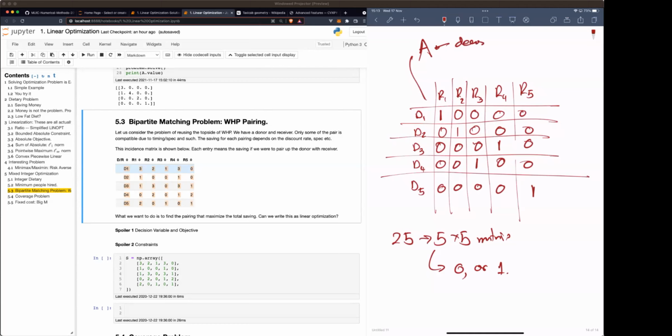The technical term is decision variable. Now we need to constrain this matrix A to do a couple of things.